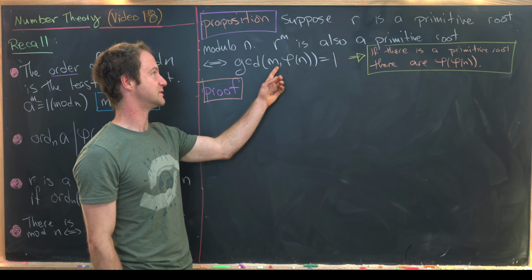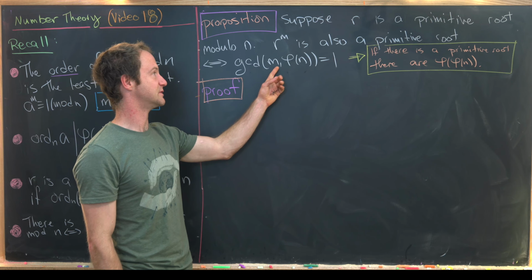But now that tells us that r to the first power, which again is just r, is a power of r to the m. So that means that any power of r, so notice that r to the a can be rewritten as r to the m to the x times a modulo n. In other words, we can achieve all residues mod n as a power of r to the m.